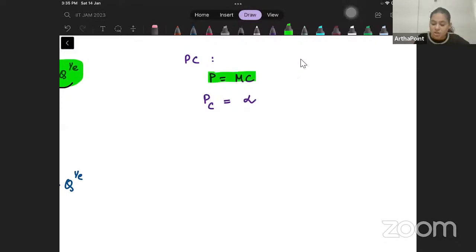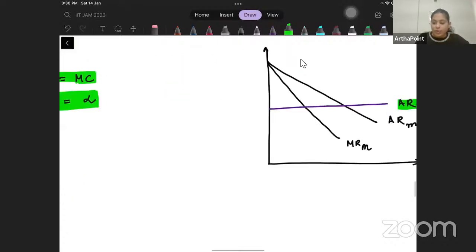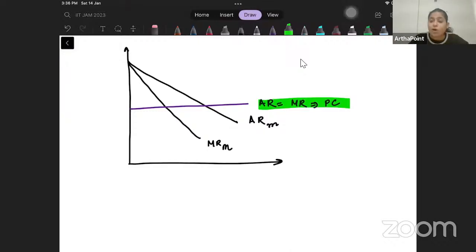The marginal cost is given as alpha, so the price he will charge is also alpha. For a perfectly competitive firm, the AR and MR are equal, and that's equal to the price they charge. So the price they're charging is alpha.